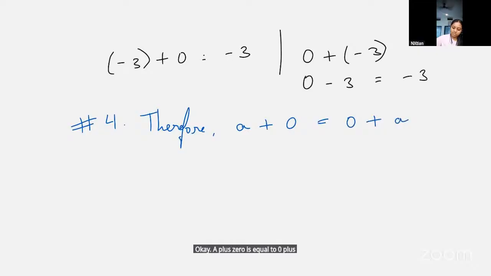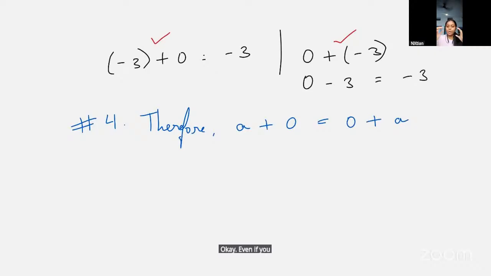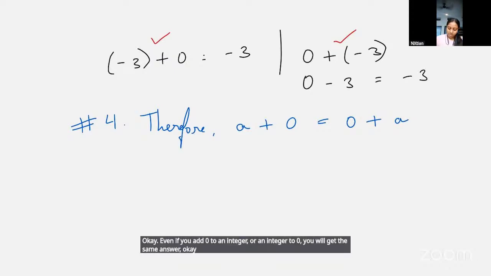In the first example, I did minus 3 plus 0. Second one, 0 plus minus 3. Even if you add 0 to an integer or an integer to 0, you will get the same answer.